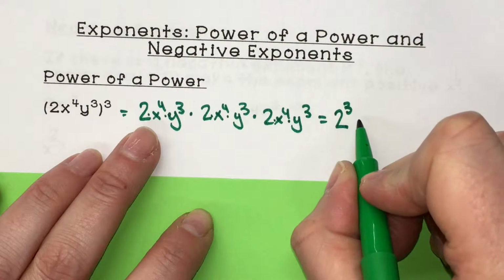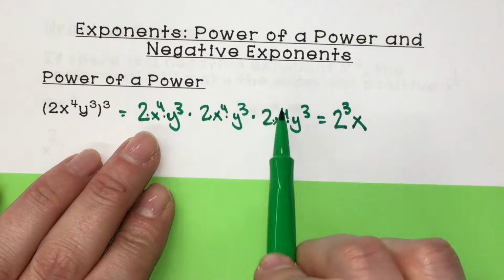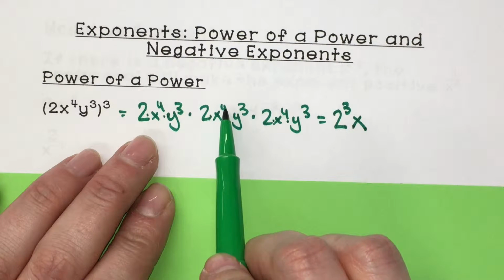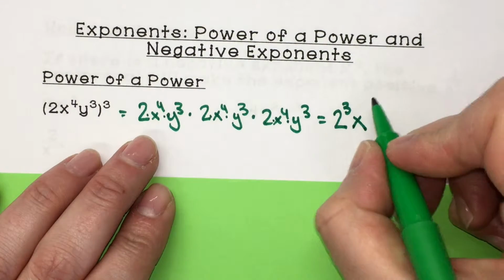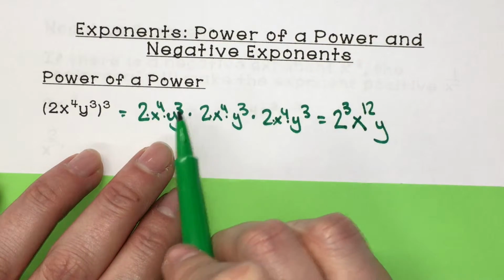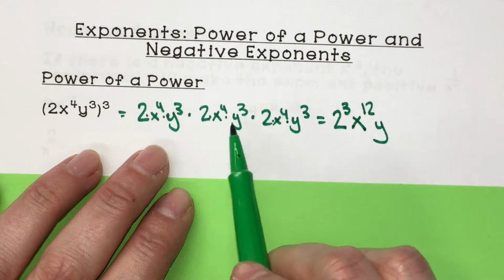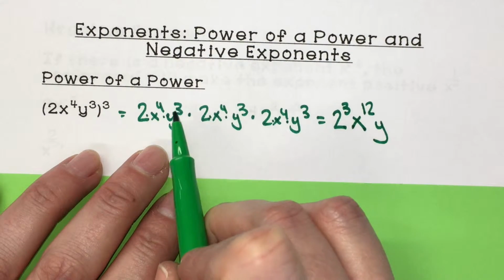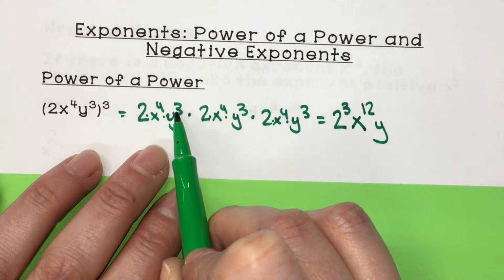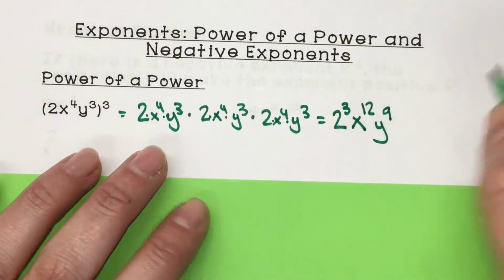So when you're multiplying bases, you keep the base the same, and remember you add the exponents. So 4 plus 4 is 8, 8 plus 4 is 12, and then we have our y's. Y to the 3rd times y to the 3rd times y to the 3rd. So because we're multiplying the bases and the bases are the same, we're going to add the exponents. 3 plus 3 is 6, 6 plus 3 is 9.